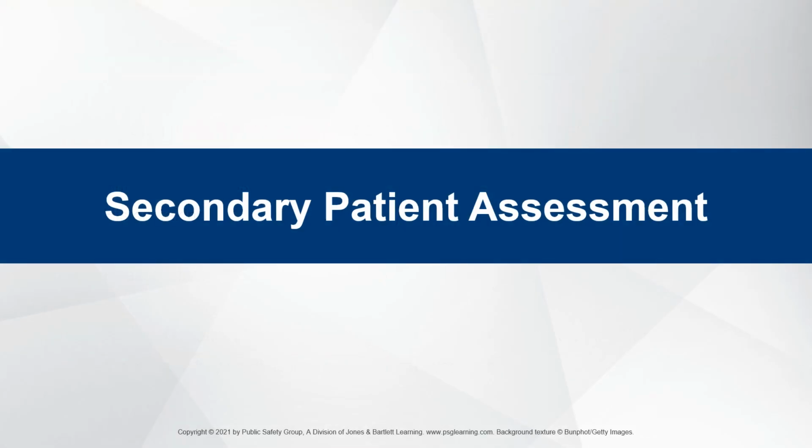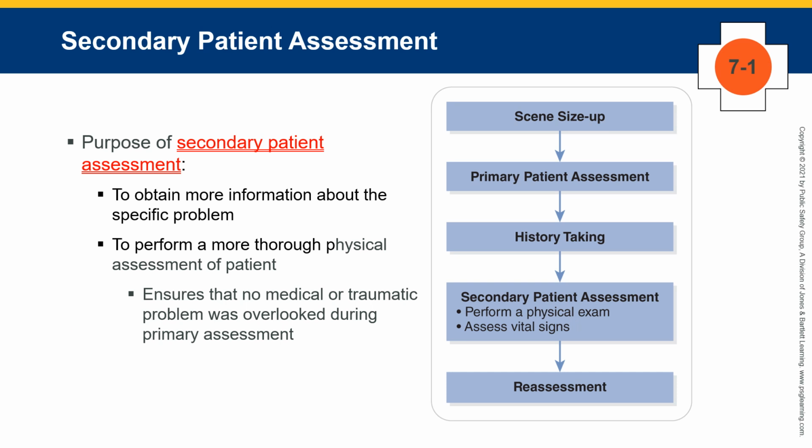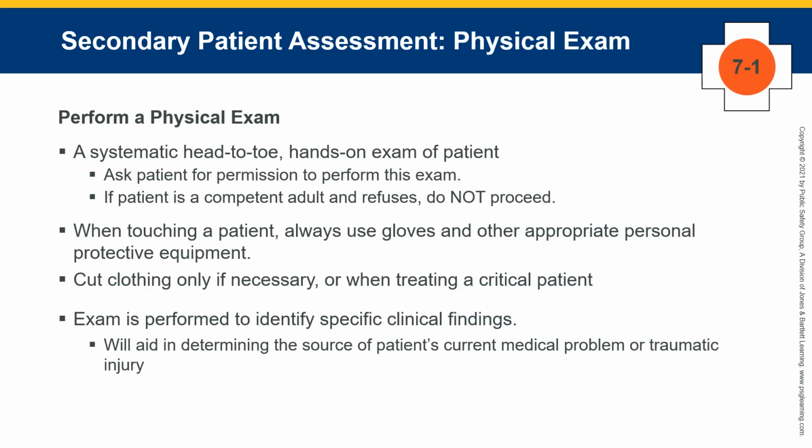For most of us, that systematic and standardized approach allows us to be pretty thorough in terms of this physical assessment of the patient. And that's really going to allow us to ensure that any traumatic problem that may have been overlooked during primary assessment is uncovered during this hands-on physical assessment.